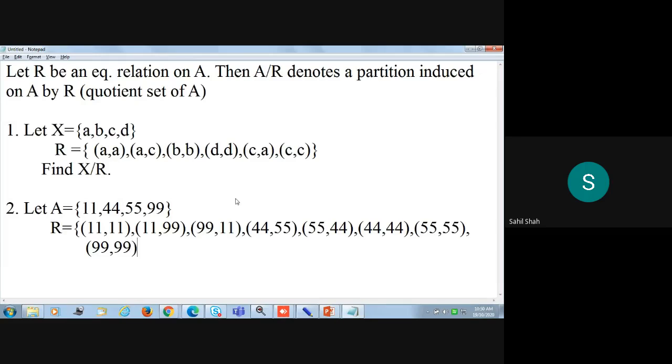Can you tell me quickly? Again, in both the cases, you have to find the reverse. The partition is asked.